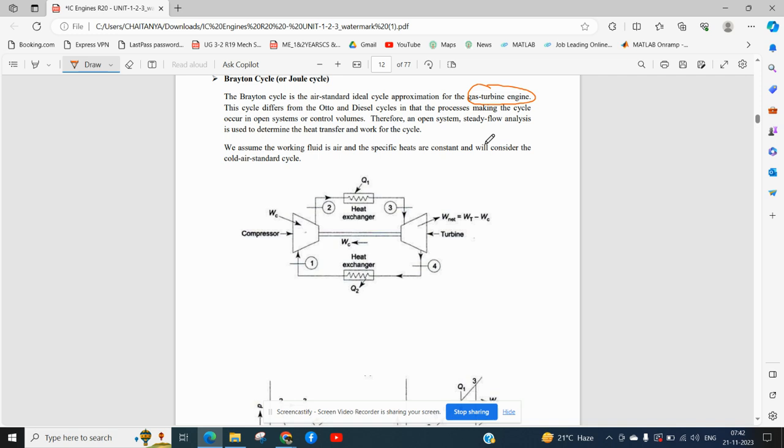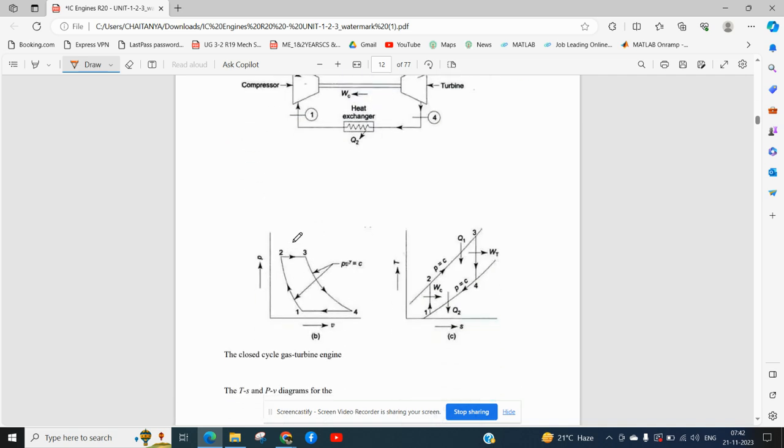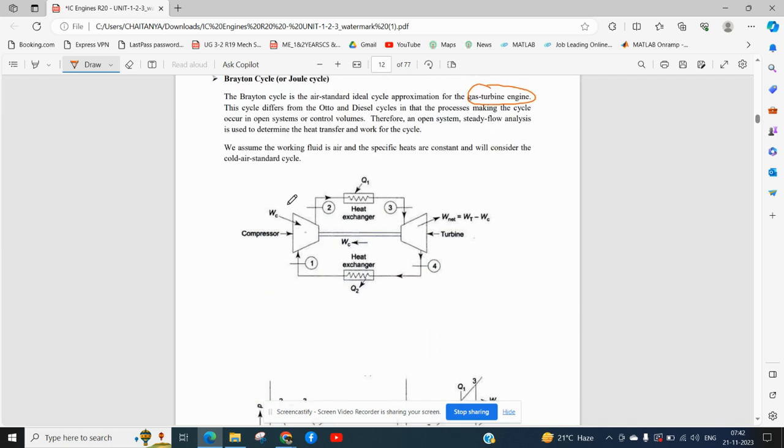During the thermodynamic cycle of operation, there are four thermodynamic processes involved. In the Otto cycle, 1 to 2 is isentropic compression, 2 to 3 is constant volume heat addition, 3 to 4 is expansion, and 4 to 1 is constant volume heat rejection.